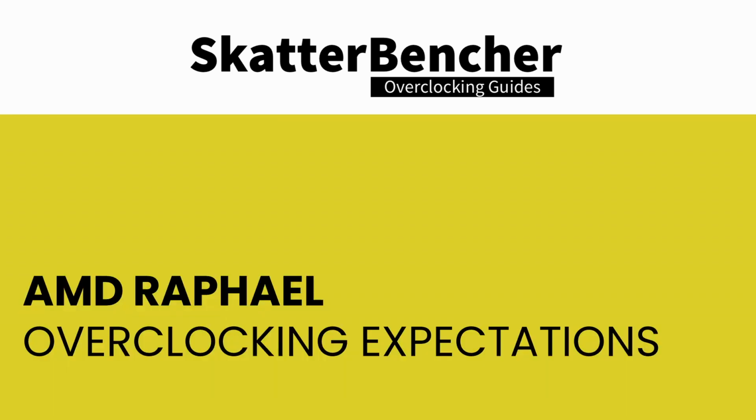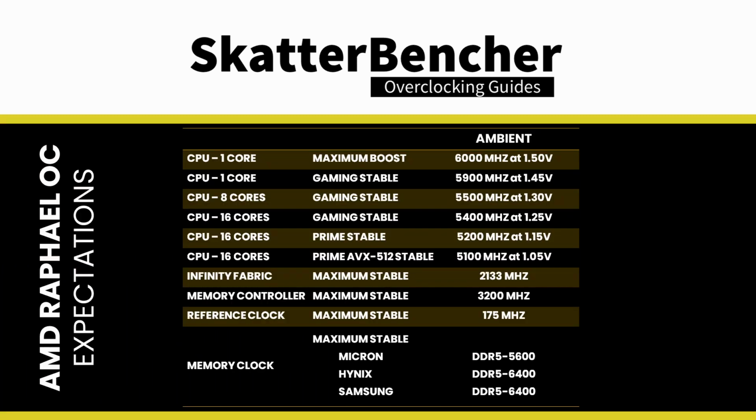We can split the overclocking expectations into ambient cooling and extreme cooling. For ambient overclocking, I expect the following maximum overclocking results when using a 16-core Raphael CPU with high-end custom loop water cooling.